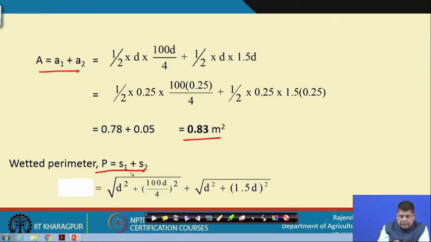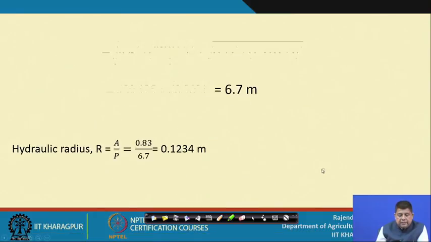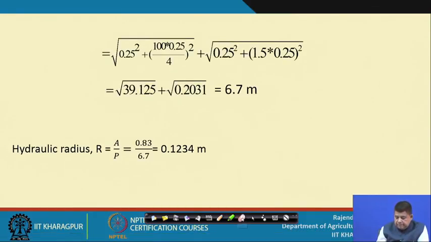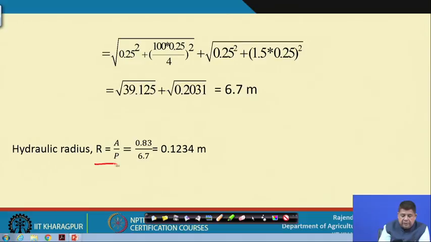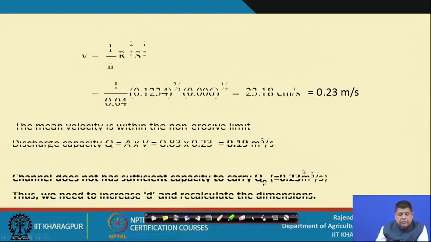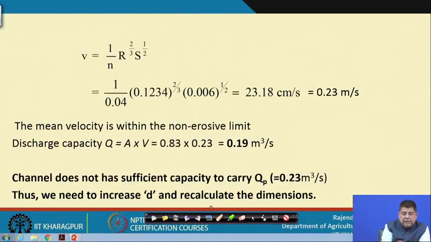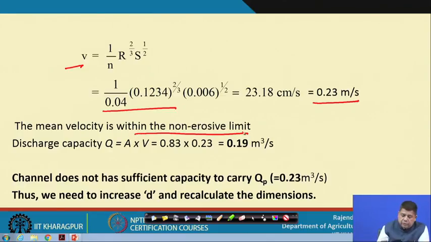We calculate the wetted perimeter, and once we have done that, we calculate the hydraulic radius, which comes out to be 0.1234 meters, and once hydraulic radius is known, then we can use the values in Manning's equation to calculate the velocity of flow, which comes out to be 0.23 meters per second, which is non-erosive. So, no problem, and discharge capacity Q equals A V comes out to be 0.1319 cubic meter per second.